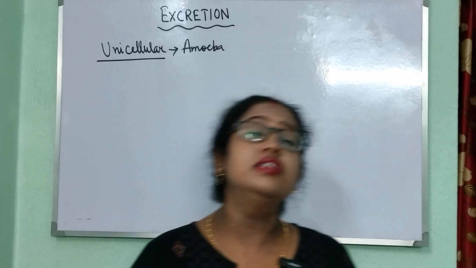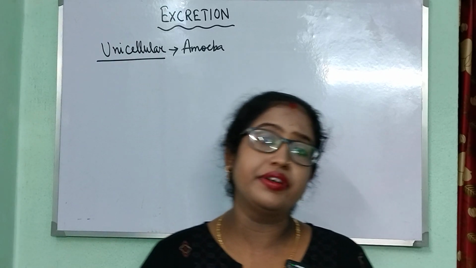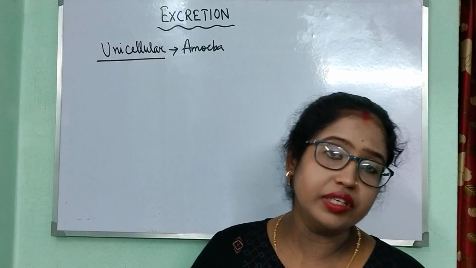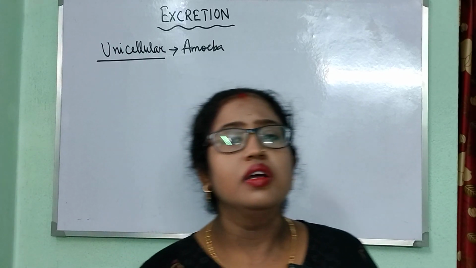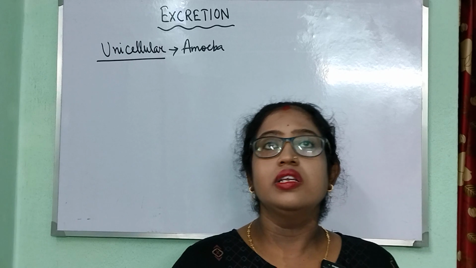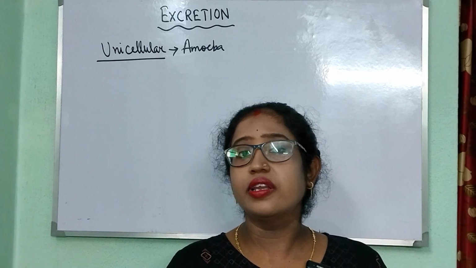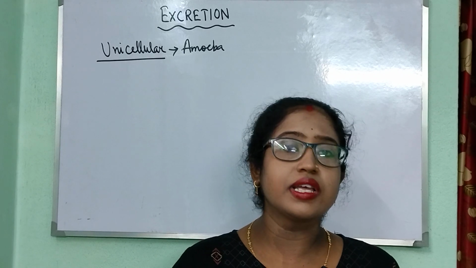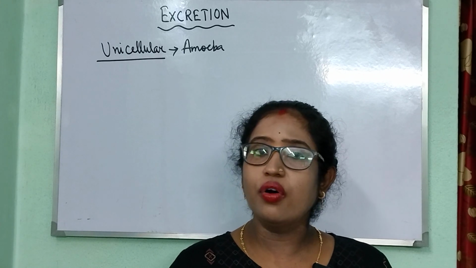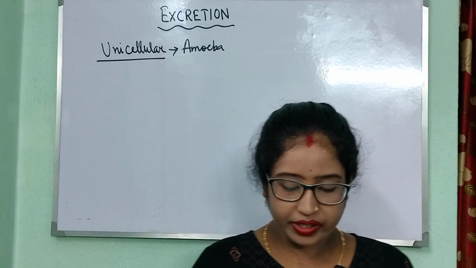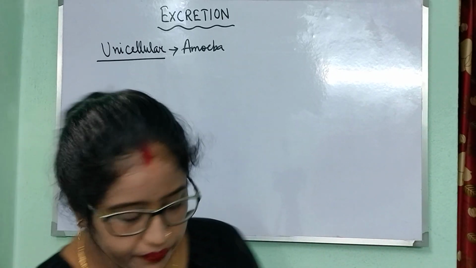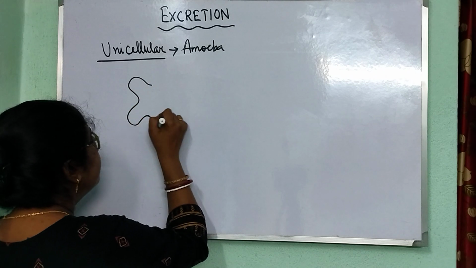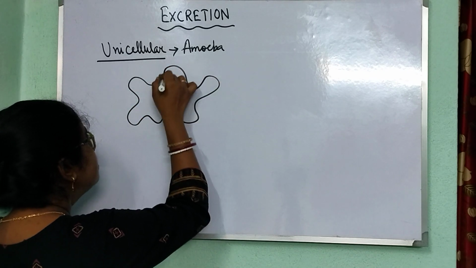But other waste materials, like the nitrogenous waste material, mainly ammonia, and some other waste materials and excess of water are eliminated from their cell by a special formation that is known as the contractile vacuole. In amoeba and paramecium also, that happens.